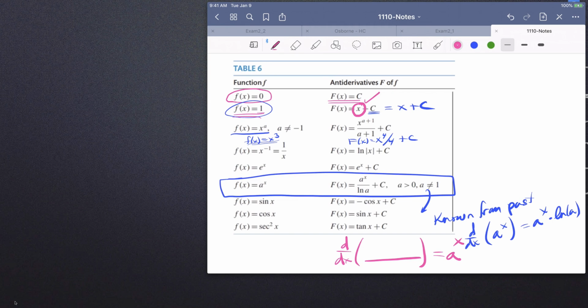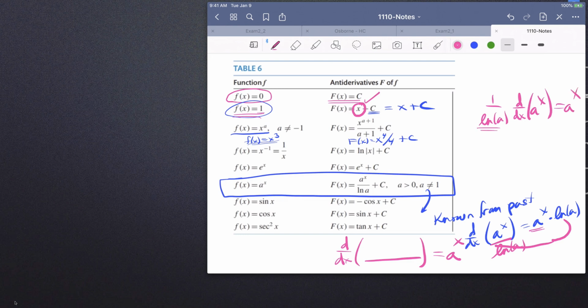If we just reverse this and divide both sides by the natural logarithm of a, you'll get a to the x.